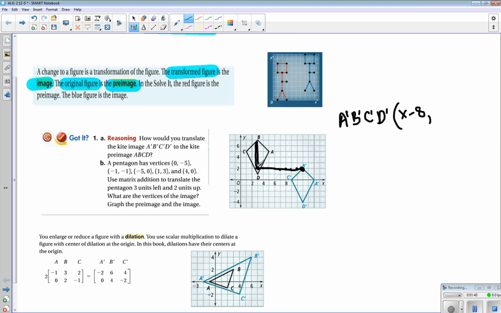And then wherever we are on the y-axis, 1, 2, 3, 4, 5, we take whatever our y-coordinate was and minus 5.